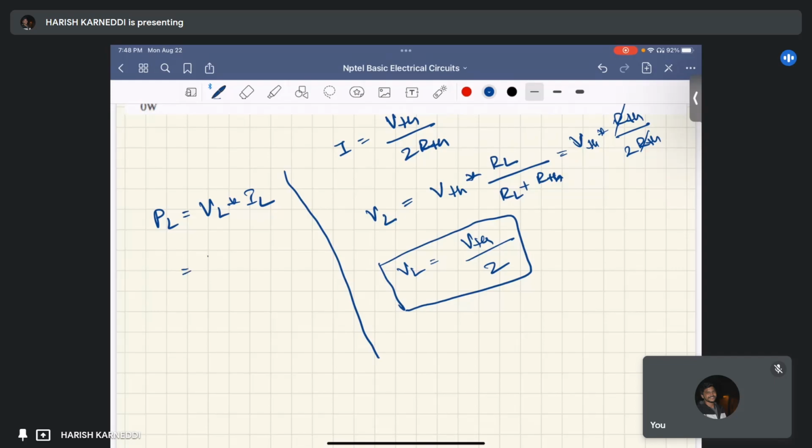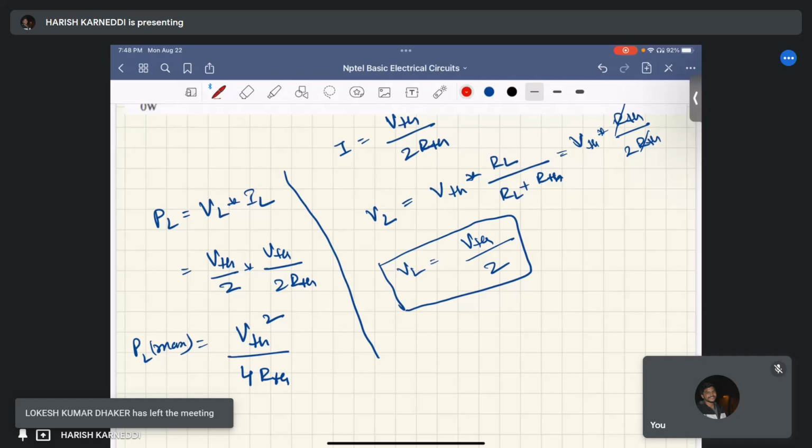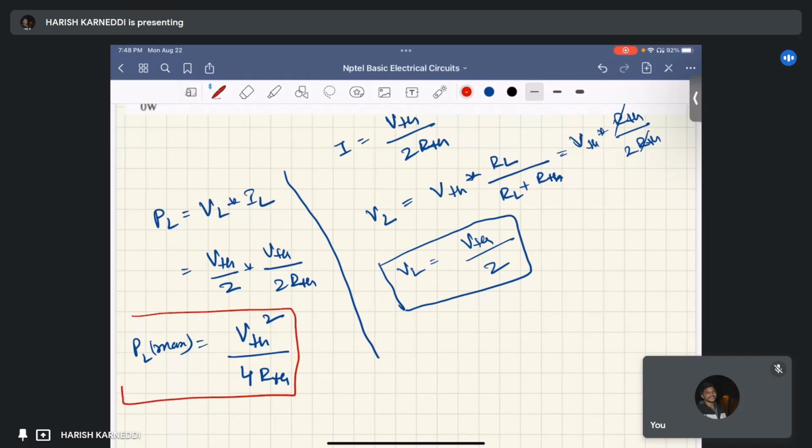So VL equals VTH by 2, and IL equals VTH by 2 RTH. So VTH into VTH will become VTH square by 2 into 2 RTH, which becomes 4 RTH. So PL maximum equals VTH square by 4 RTH.